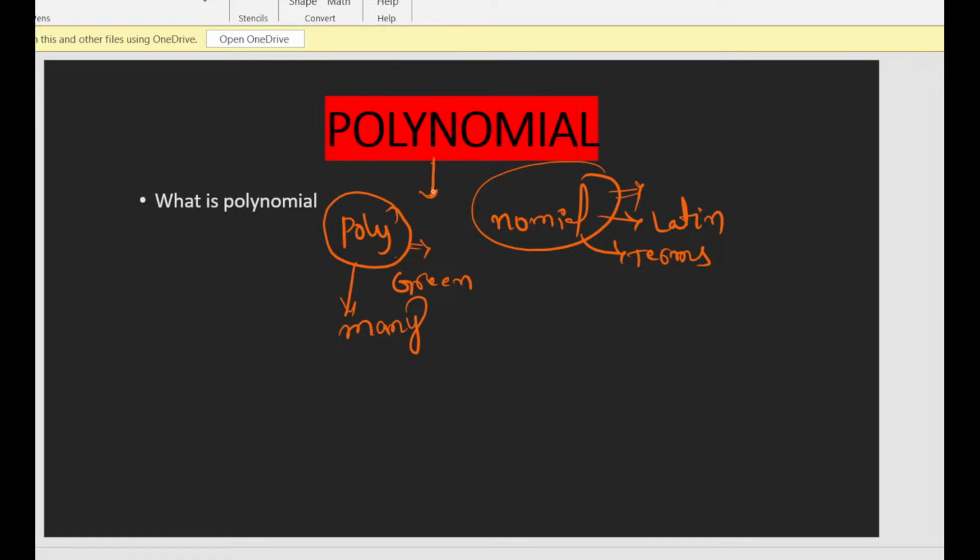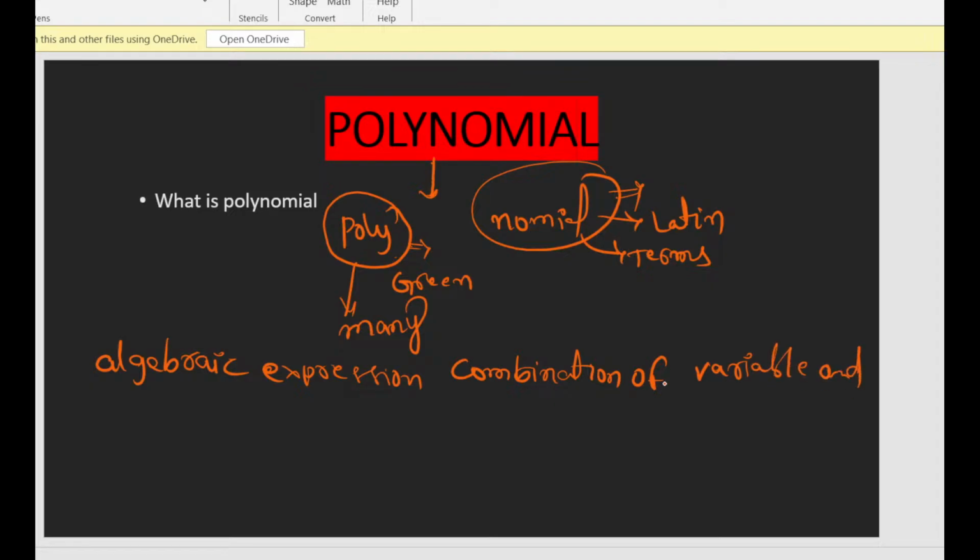It is an algebraic expression, a combination of variable and constant terms, and their exponent should be a positive whole number, always.